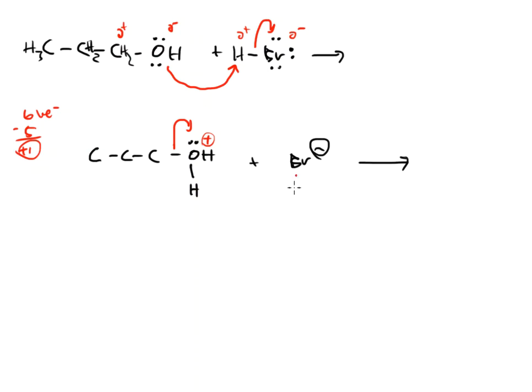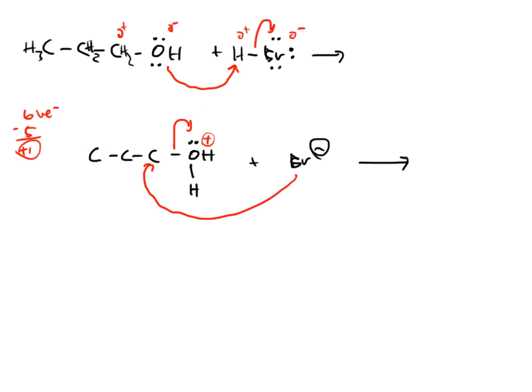This bromine, which is negative, which is labeled as the nucleophile, will come in and it will go to that carbon and it says, okay, I'm here. Let's have a relationship. And that carbon says, all right, oxygen, I'm done with you. You go home with your 2 little old hydrogens, your 2 little old friends that you made this evening. Go away and leave me alone and never come back.